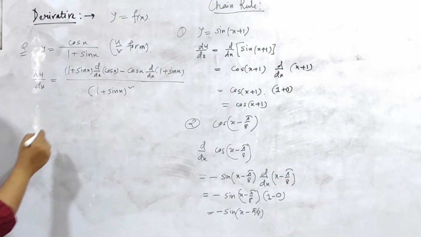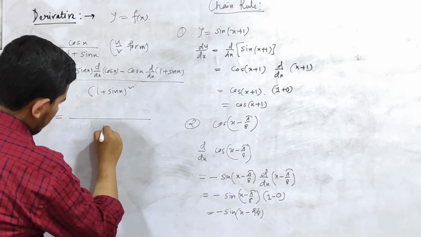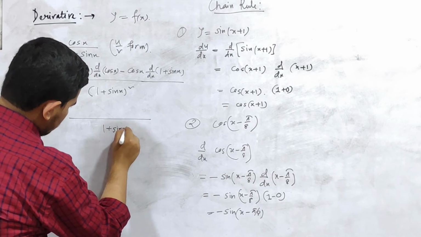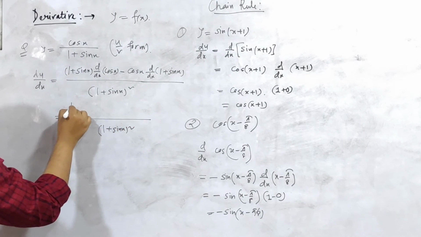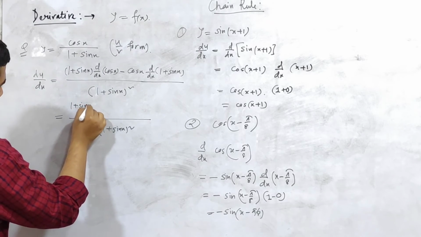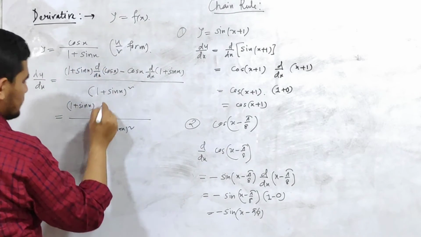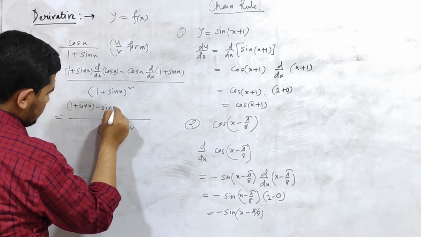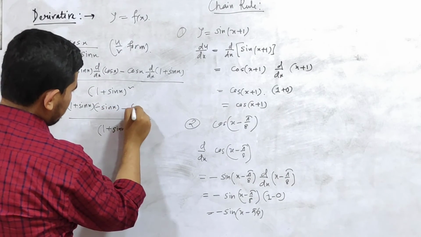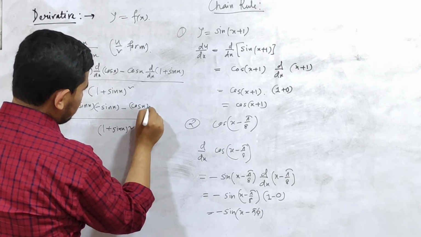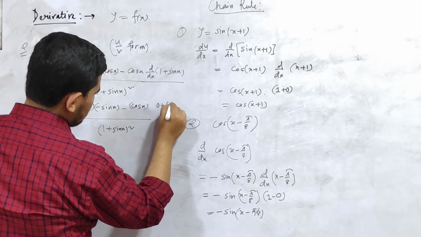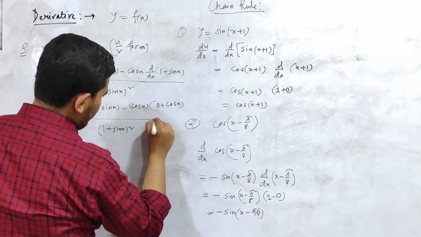So this is the formula. So I can write 1 plus sin x whole square, 1 plus sin x, then into the differentiation of cos x, which is minus of sin x. This is 0, this is cos of x.